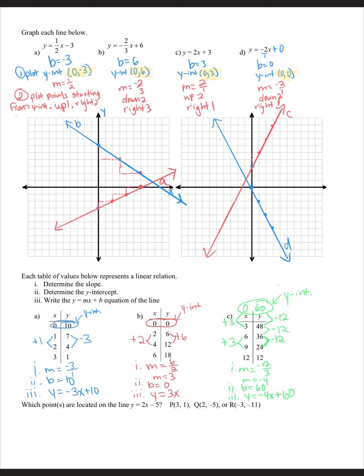Okay. The very last thing that you might be asked to do occasionally is figure out if certain points actually lie on a line. So this is going to be a simple sub in and see if things work out. And we're actually going to set up a left side, right side check for each of these points to see if they work on the equation there. So let's just make a little note here.